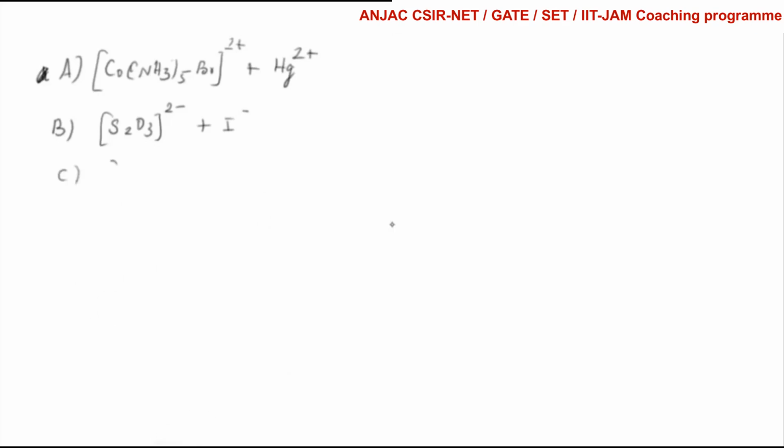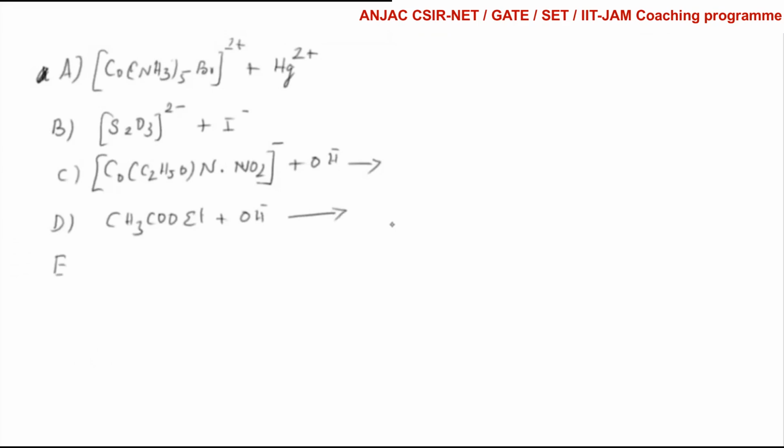Next, reaction C: C2H5O-NO2 plus OH-. Next would be CH3COO-ethyl plus OH-, giving the product, plus Br- plus H2O.